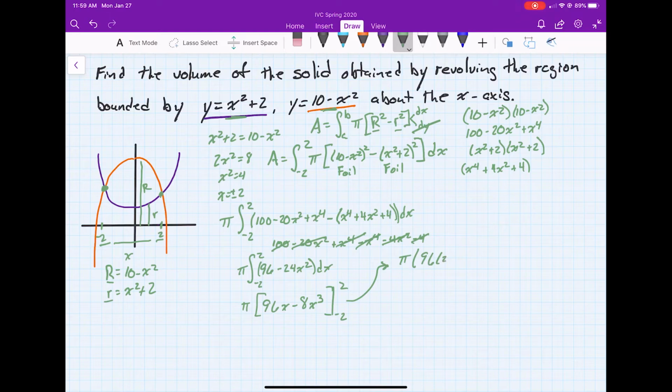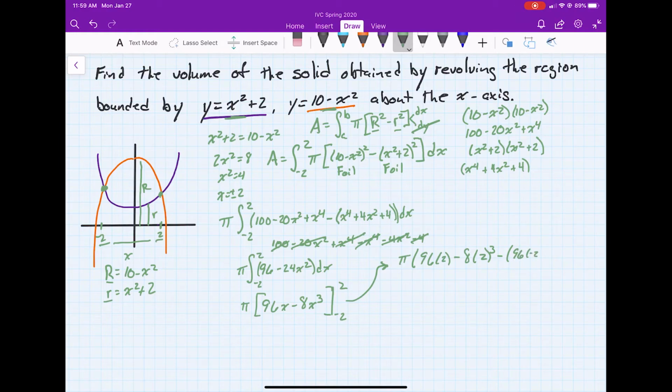Pi times 96 times 2 minus 8 times 2 to the third, minus, open another bracket here, and that's going to be 96 times the negative 2 minus 8 times negative 2 to the third.